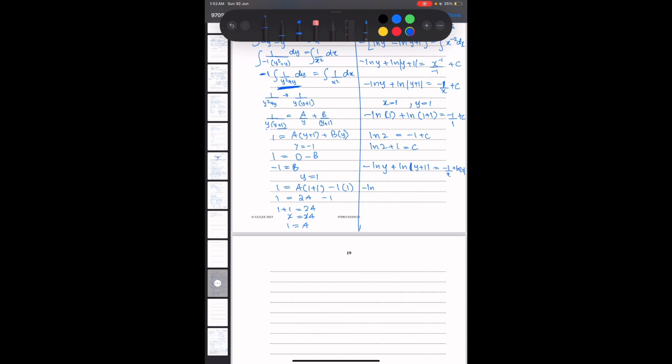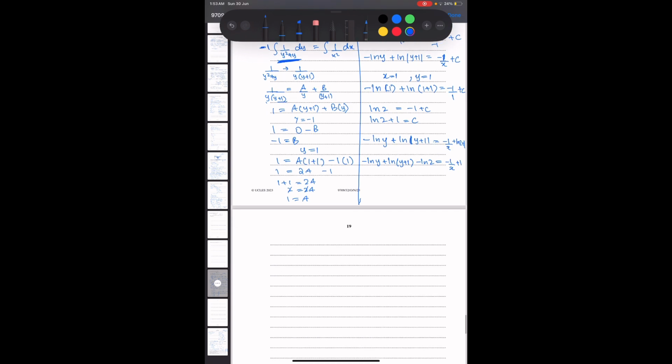So this becomes minus ln y plus ln y plus 1 minus ln 2 is equals to minus 1 upon x plus 1. And then this will be ln y plus 1 divided by 2y. So this will be ln y plus 1 divided by 2 from here and y from here equals to minus 1 upon x plus 1.